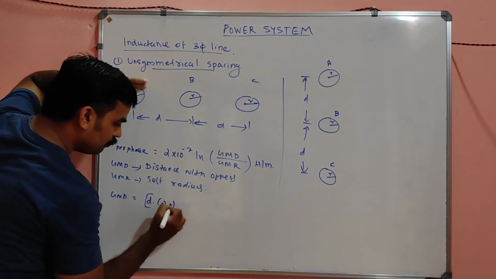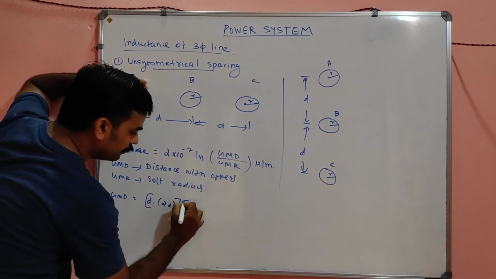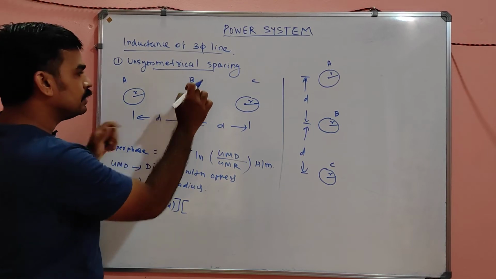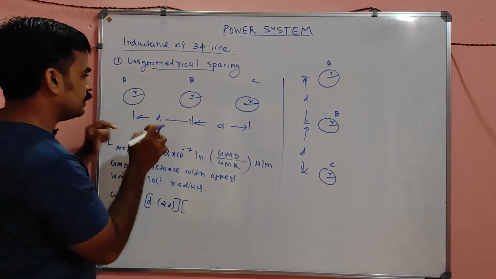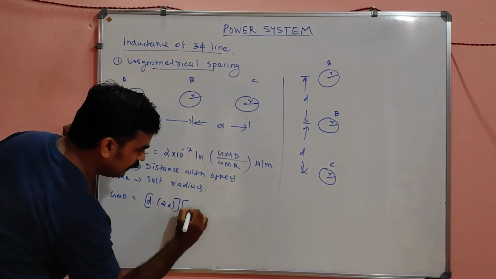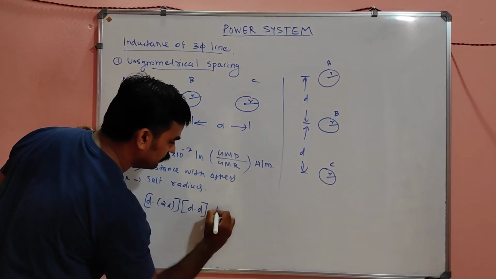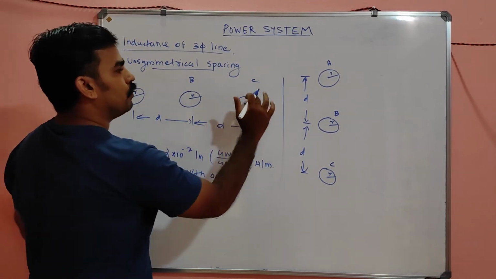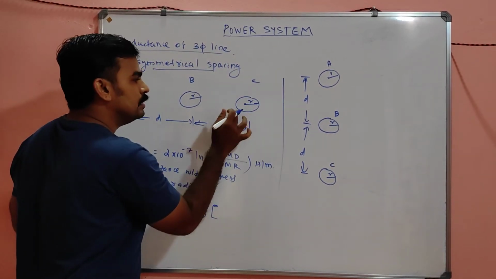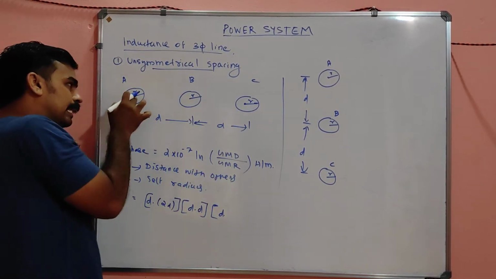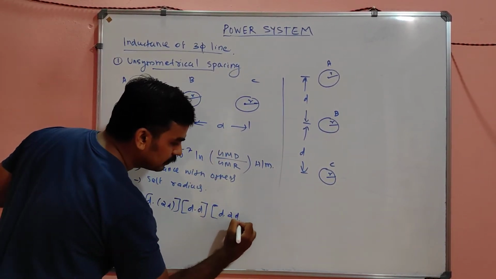One term. Into, focus on the second conductor B. Distance with other D, distance with other D, second term. Next, focus on the third conductor, distance with other D, distance with other 2D.